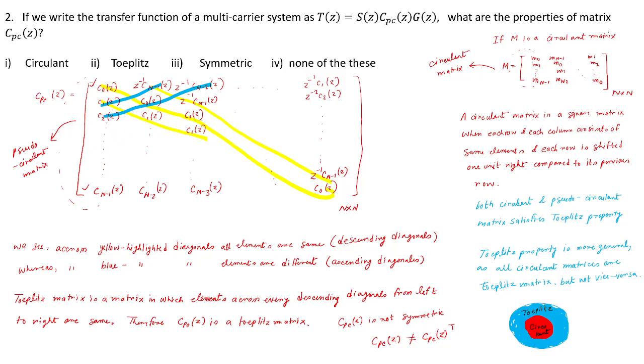If you consider the first row and first column and they are not interchangeable, then your matrix is not going to be symmetric. The first column consists of no Z term, whereas in the first row, except the first entry, all the entries have a Z inverse term. So clearly the first row and first column are not identical. Therefore this pseudo-circulant matrix is not a symmetric matrix. So the first and third options are both wrong; it only satisfies the Toeplitz property. So this one is the correct answer.